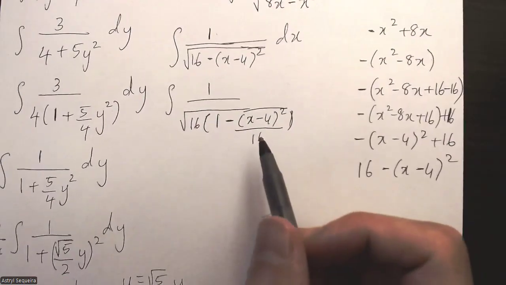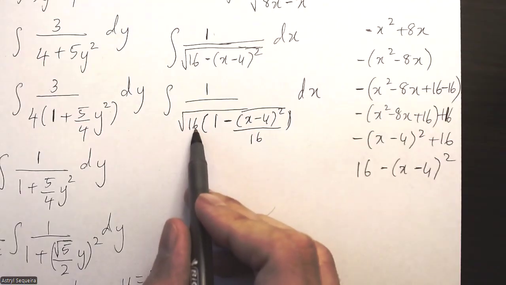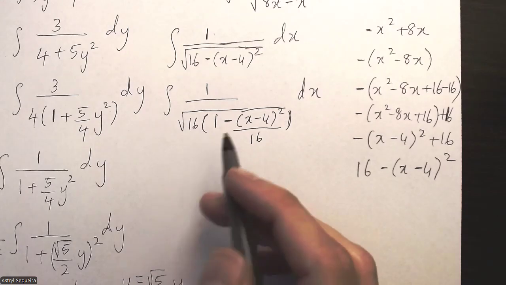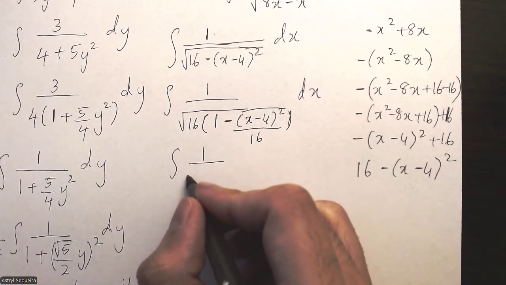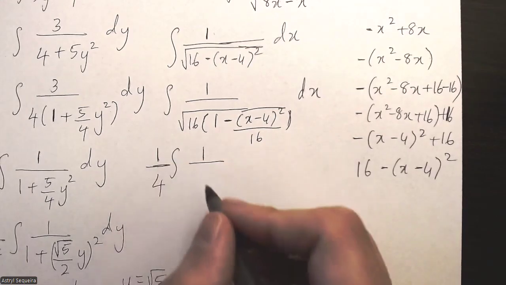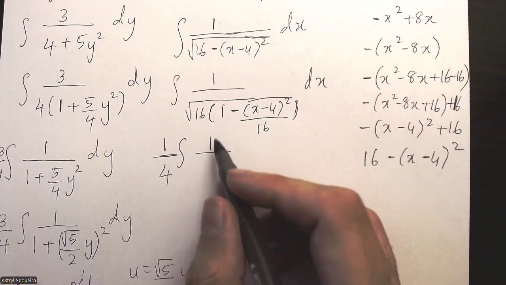And then I need to do two things in this next step. The first thing is you need to make sure this 16 is outside the square root. So when I pull it out, the square root of 16, that's just 4. I'm actually going to write it out over here. I'm going to pull it all the way out just so that I can save a step. Don't have to take an entire step to do that.